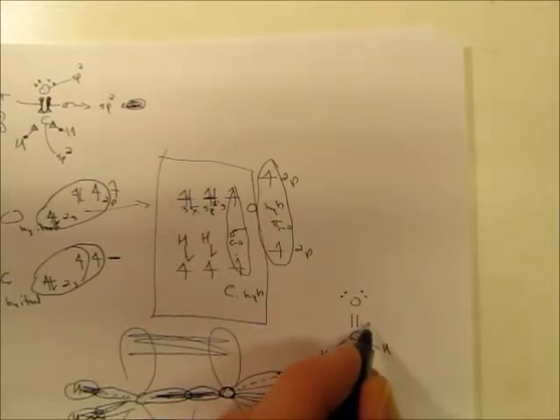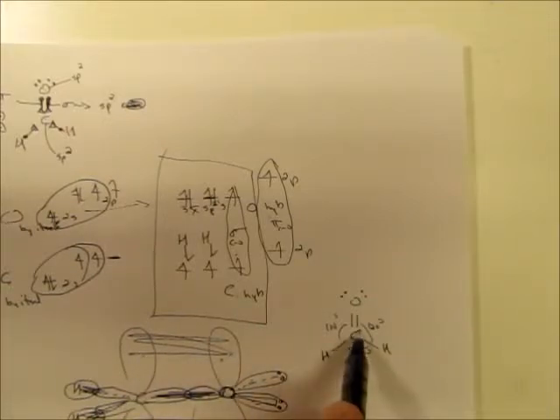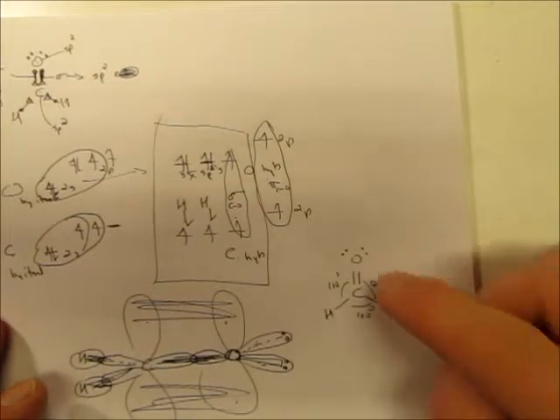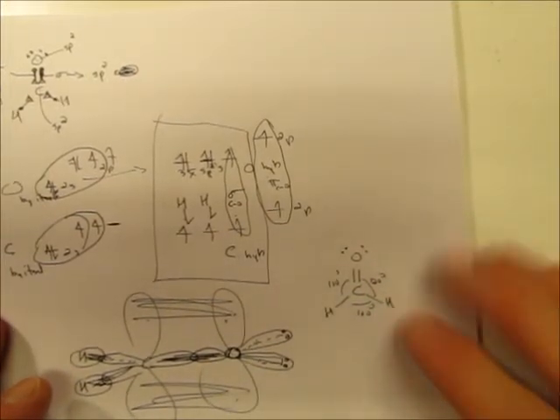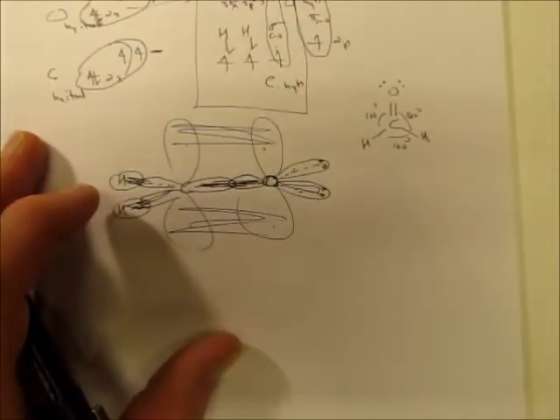Because I already know and can't help myself that this is going to be 120 degrees, because the hybrid orbitals, 1, 2, 3, are trigonal planar. The p orbitals don't get drawn here. This extra pi bond, we don't draw it in automatically in a Lewis structure for organic. So that's okay.